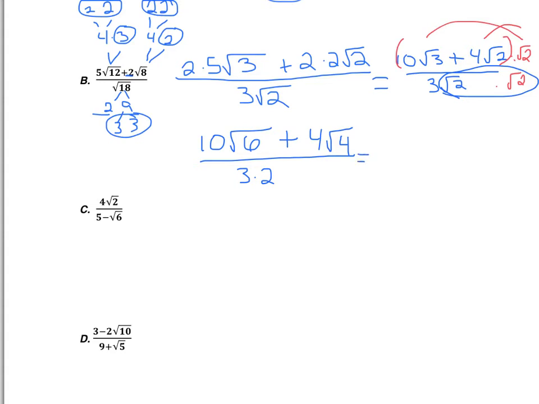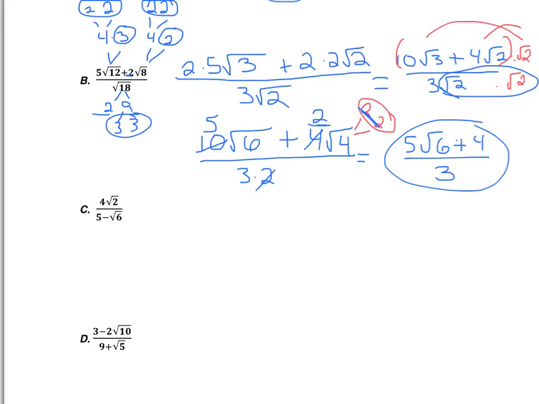And then we can actually cancel out a 2 from the bottom, a 2 from the 10, and a 2 from the 4. And then root 4 is really 2 times 2, so I can take that out. So I have 5 root 6 plus, we have a 2 times a 2 we took out, so plus 4, over 3.